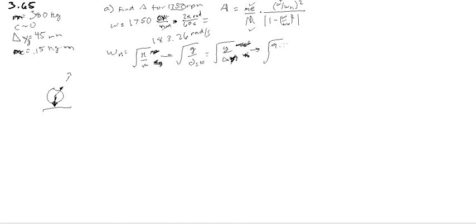So that's the square root of 9.81 meters per second squared over 0.045 meters, which equals 14.765 per second. And we can call this radians per second because radians have no units really.